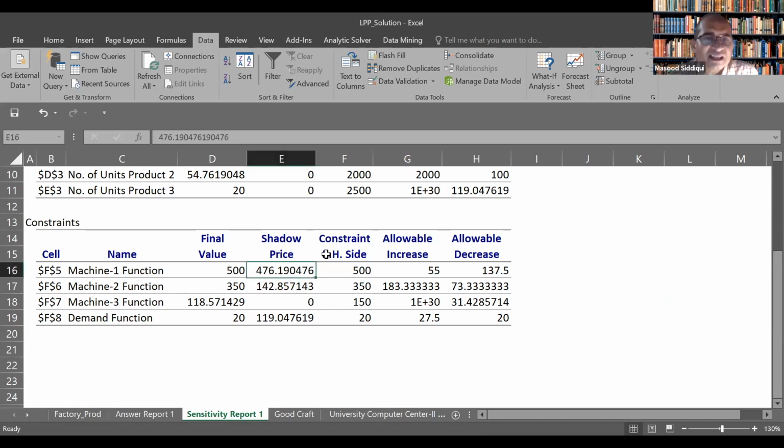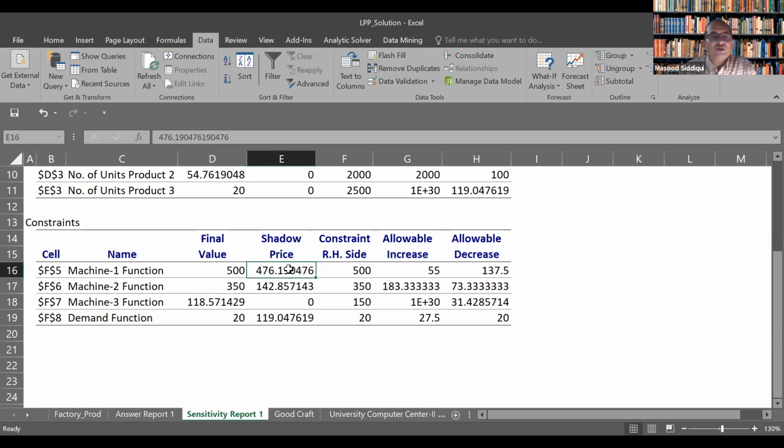The second question that can be discussed is, since machine 1 is giving an additional profit of 476.19 only, suppose some other manufacturer is ready to give you access to his machine 1, so that you can improve your production, and that manufacturer is demanding an amount of 500 rupees. Are you ready to give?